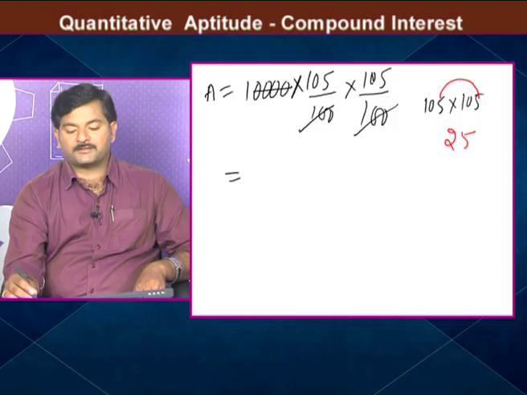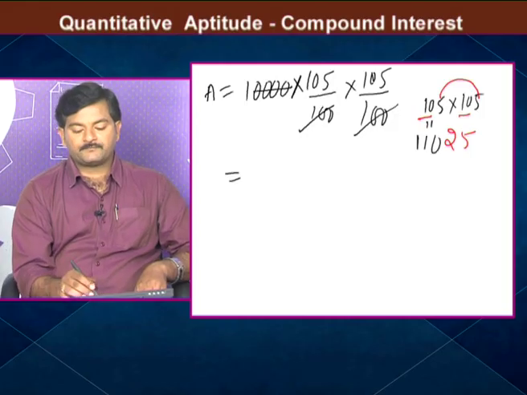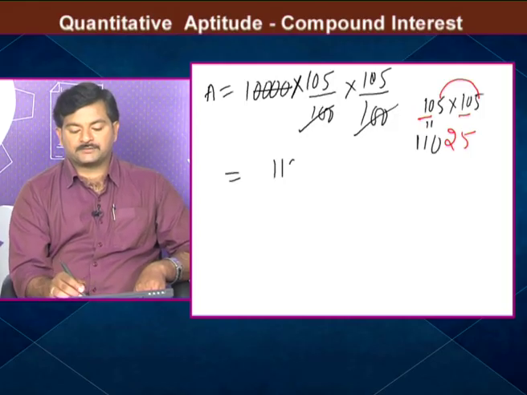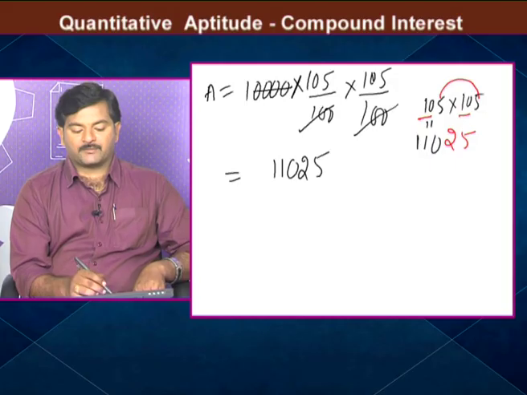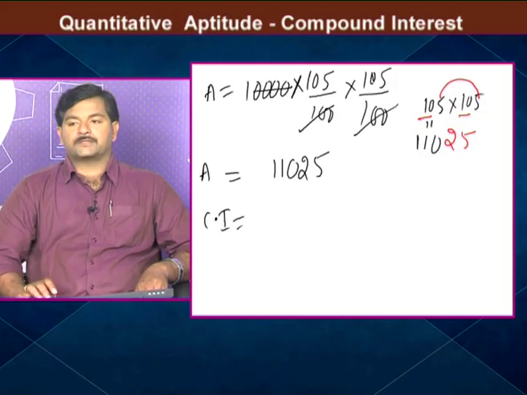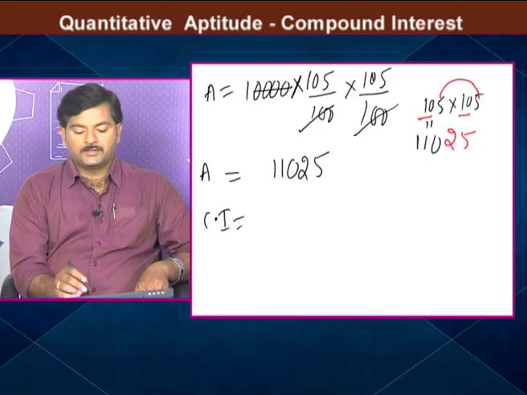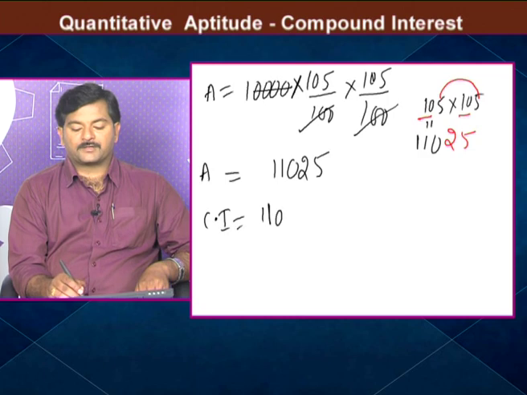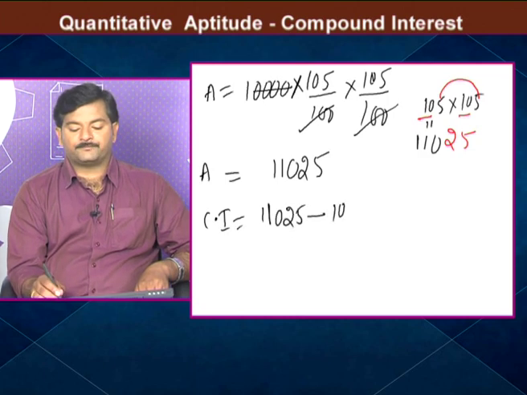Here next, how much is there? 10 is there. The number after 10 is how much? 11. 10 11s are 110. Simply 11,025 rupees. This is the amount, but here I have to find the compound interest, not the amount. Okay, so from 11,025 we can subtract 10,000. What am I getting?